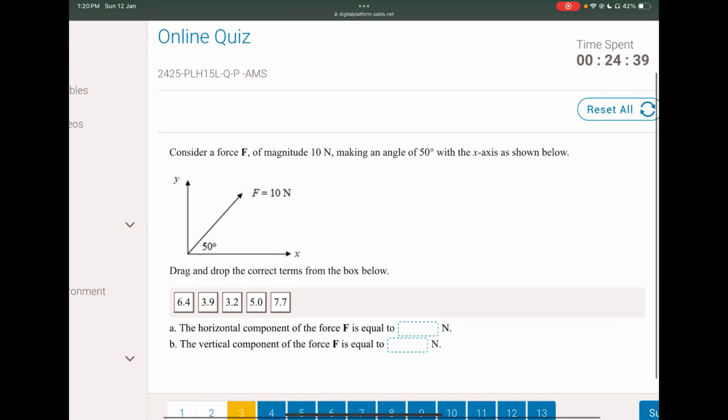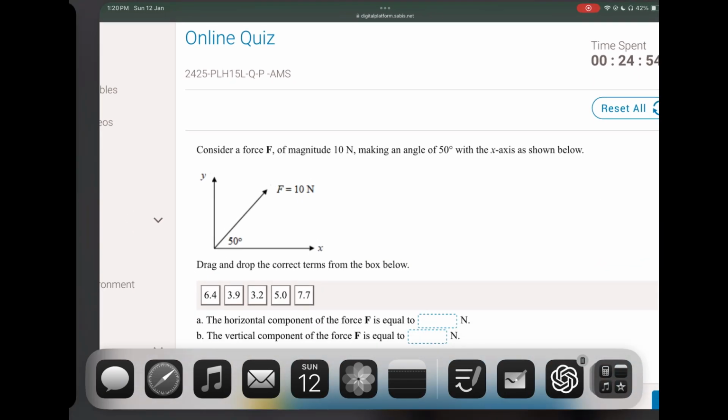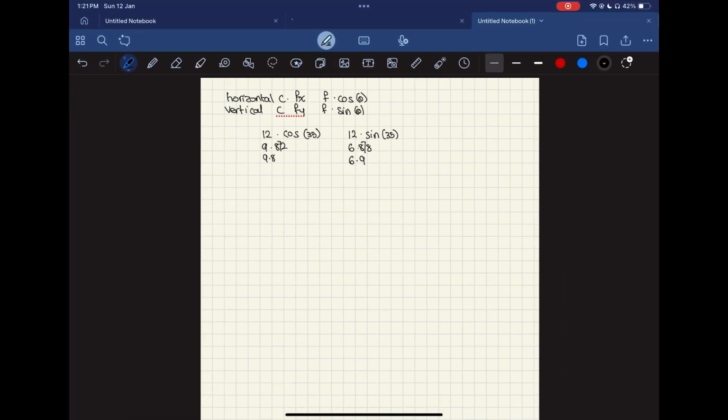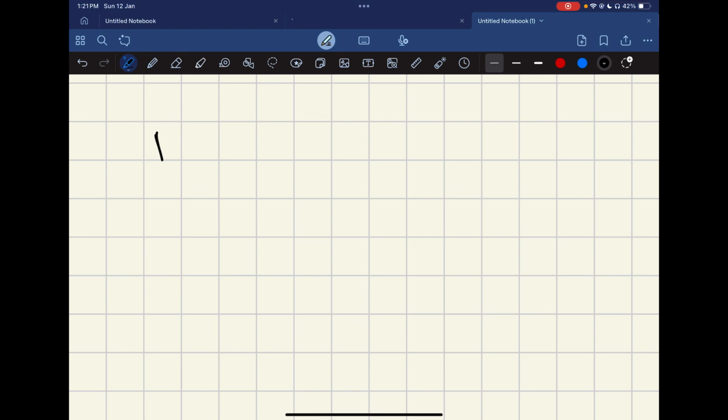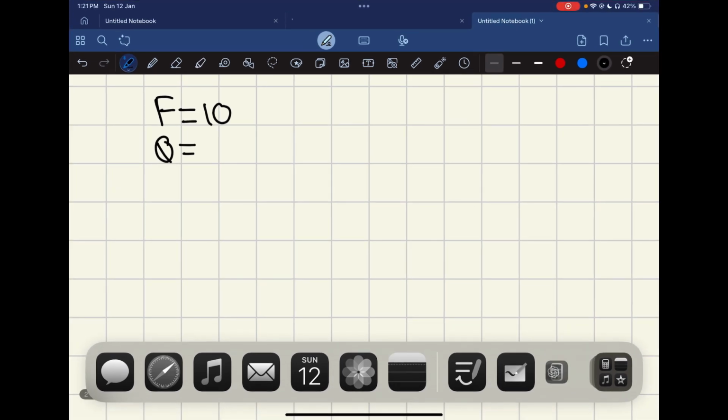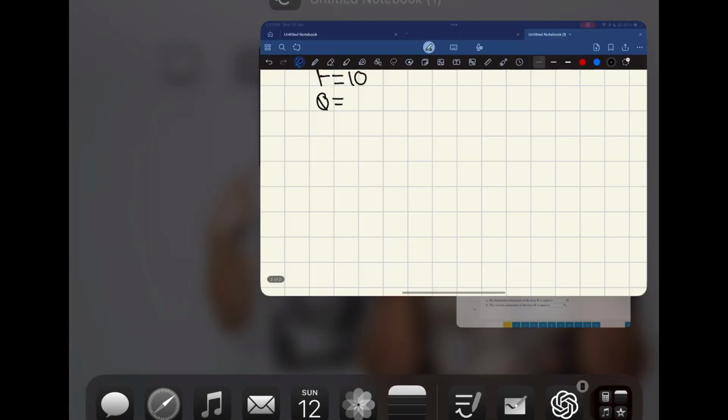Okay. Here, consider a force F of magnitude 10 Newtons making an angle of 50 degrees with the x-axis shown below. Here they also want the horizontal component and the vertical component. So our force is 10 and the angle is 50.